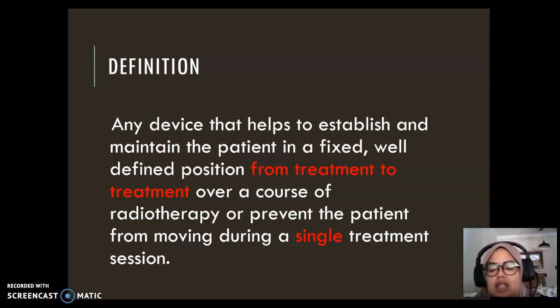This is what we can do to fix a position and to control the movement that we can actually control. There is some movement that we cannot control, for example your breathing, your respiration, and also your bowel movement. That's the thing that we cannot control.